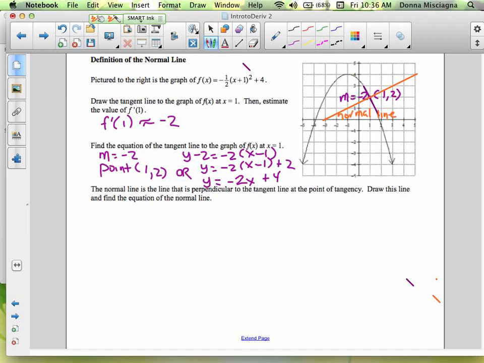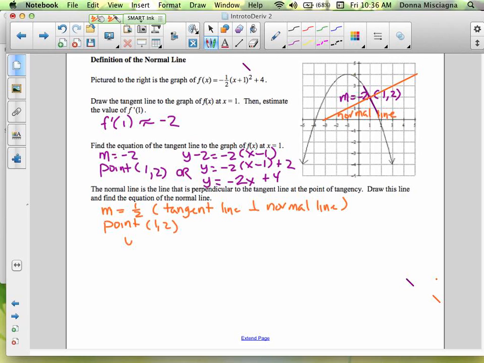All right, so we drew that in. We want to find the equation of the normal line. So, of course, the slope is going to be positive 1/2, and that's because the tangent line is perpendicular to the normal line. And then we have the exact same point, 1, 2.